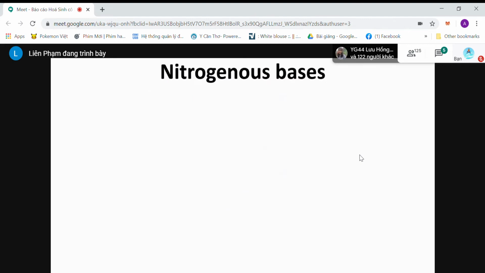To clearly understand the nitrogenous base, I'm going to tell you more about its structure and classification. Nitrogenous bases have two types: pyrimidines and purines. Pyrimidines and purines are the names of the parent compounds of two types of nitrogen-containing heterocyclic aromatic compounds.